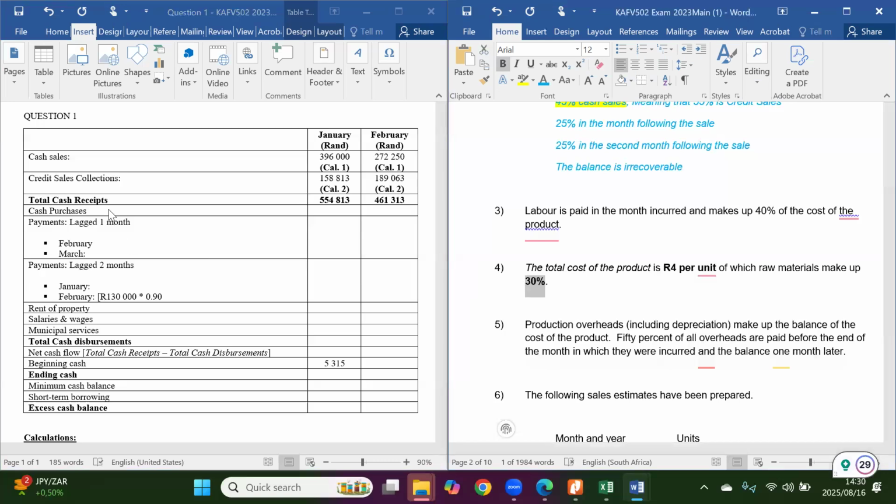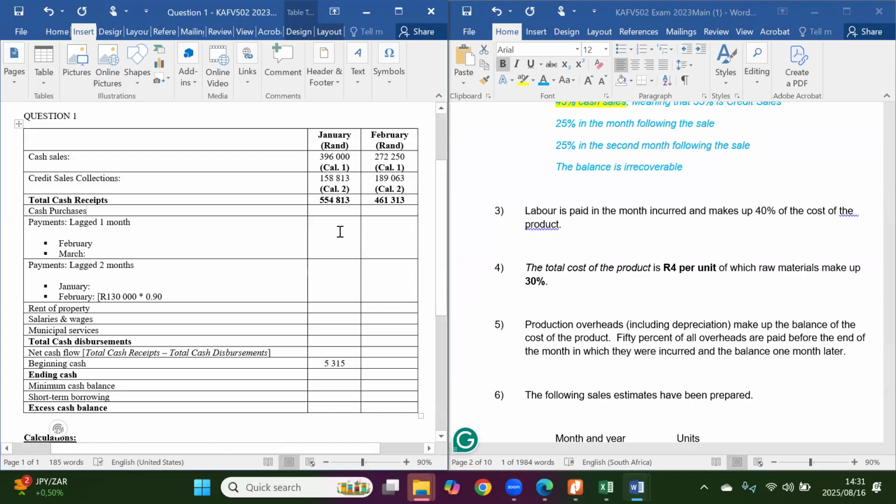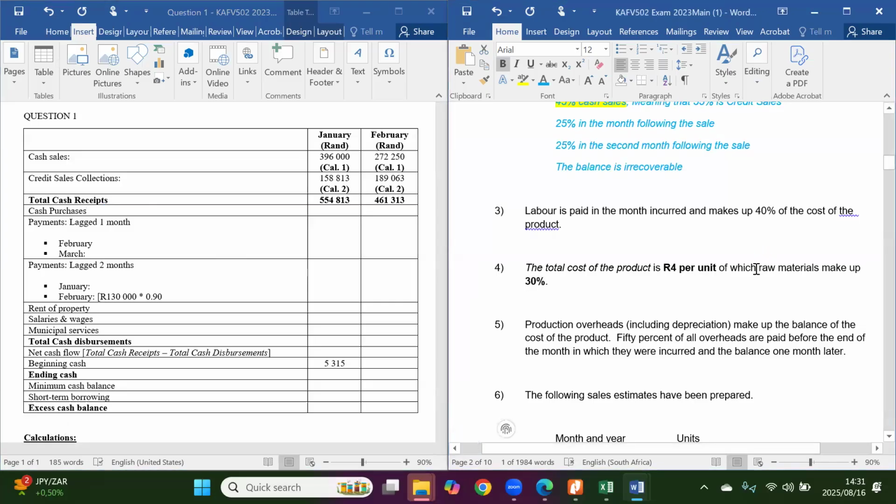So what we are dealing with here, we are dealing with purchases of raw materials. So it says cash purchases. That is to do with cash purchases of what? Of raw materials. That's very important.